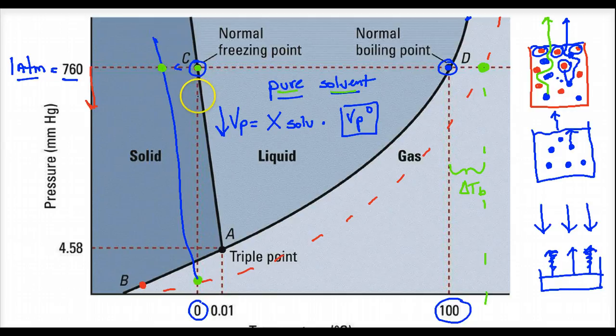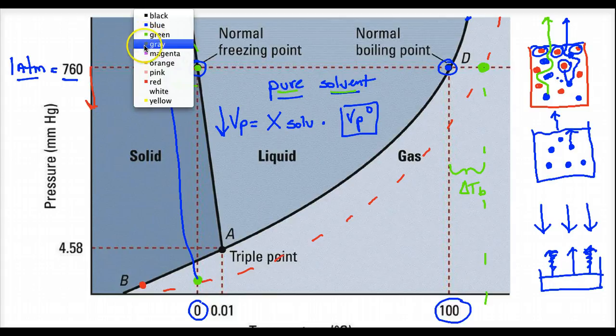And if you guessed it, freezing point just got depressed. The difference from here to here is the change of my freezing point. So change of T of F, that's what I should do here.